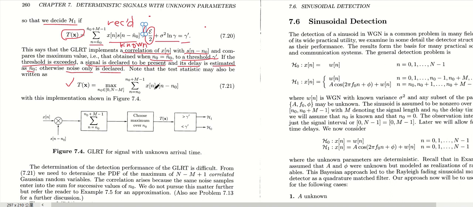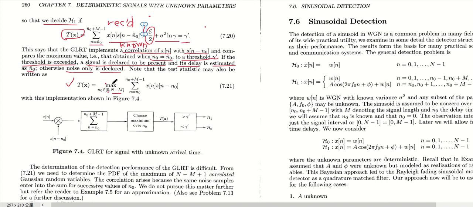You compare with s, but that s is a shifted version, shifted by 0, shifted by 1, shifted by 2, by 3, all the way to N minus M. And then you calculate all potential values for this, and then take the maximum.